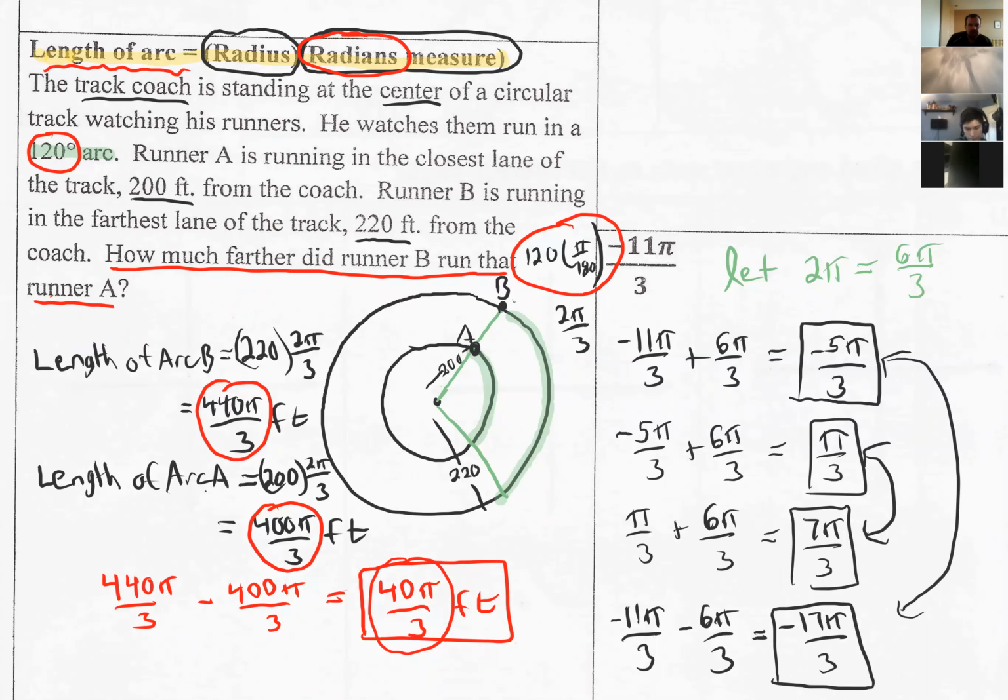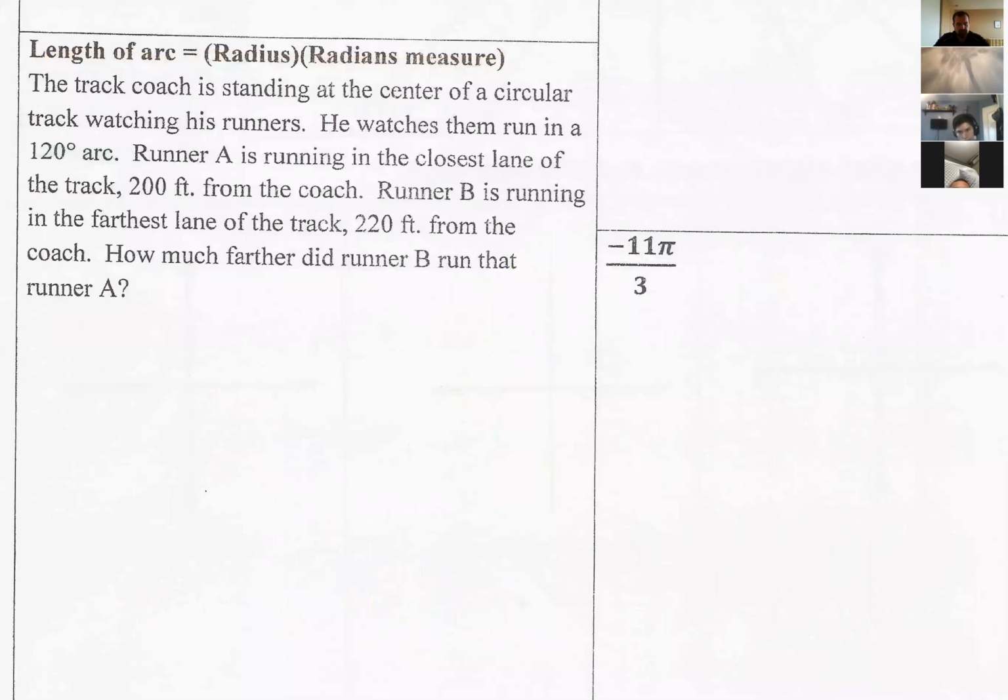Remember on 18.1a, we started off focusing on degrees. Now we're slowly transitioning into radians, which are critical that you have a good understanding of going into pre-calculus.